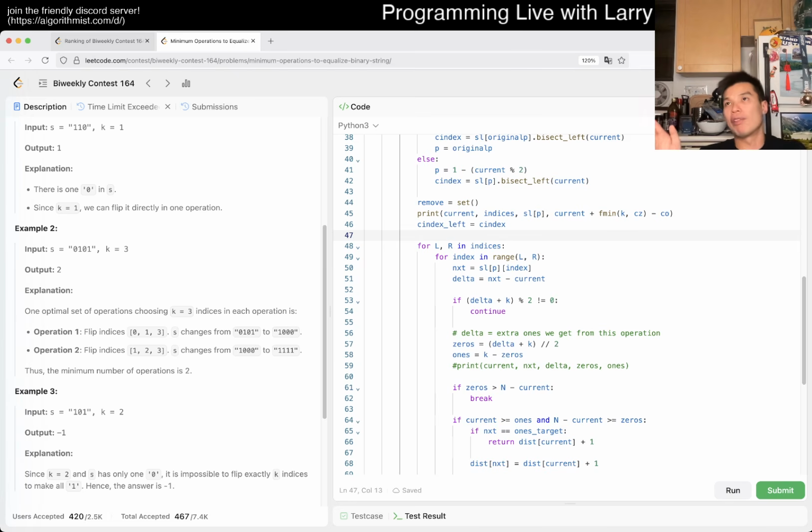Okay, going from left to right, you always have enough zeros until you don't. You start with zeros, but then if you don't have enough ones, that's when you are having an issue, right?